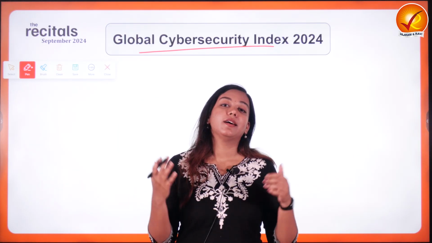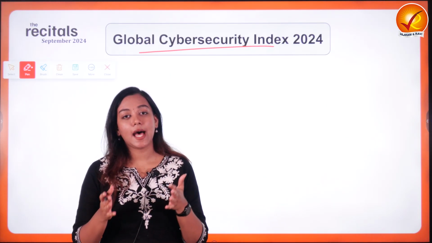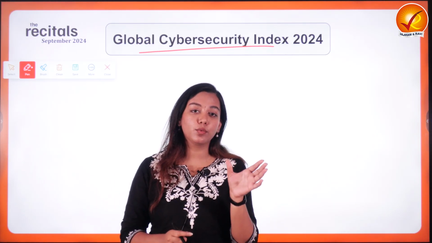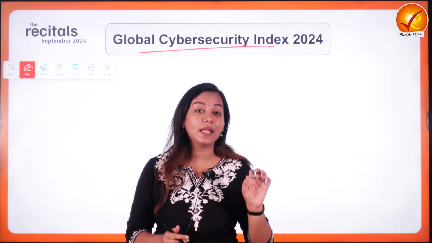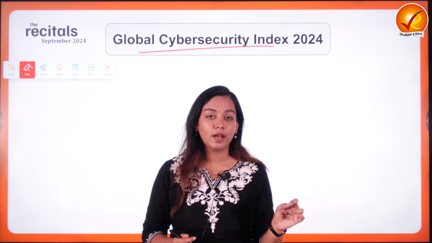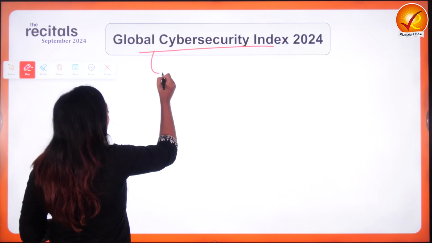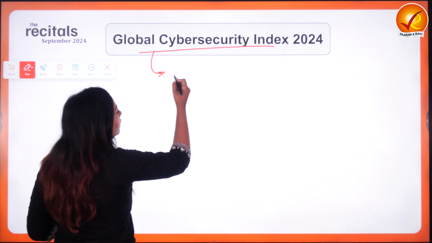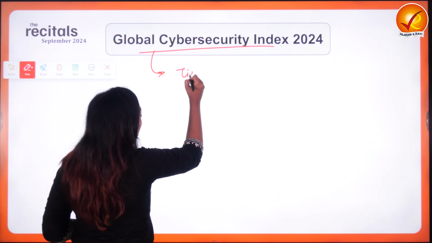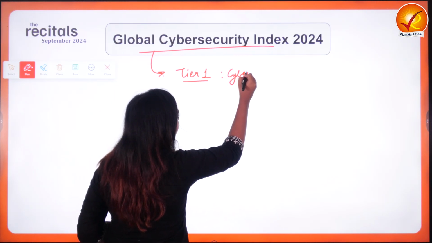But surprisingly, the International Telecom Union has awarded us the status of Tier 1 country with a score of more than 98.94 marks out of 100. That makes us Tier 1. That makes us a global example for cyber security. So we have been accorded the Tier 1 status when it comes to cyber security.